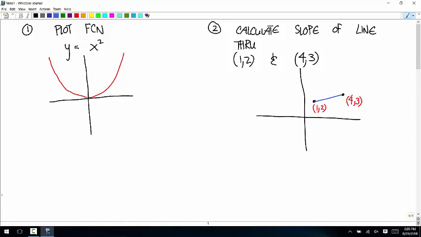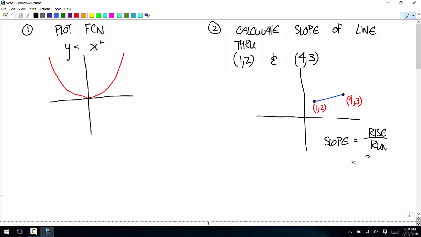So what's the slope of that line? Well, the slope is equal to the rise over the run. The rise is the change in height as you go from one of those points to the other one. So how much higher are you at the point (4, 3) than at the point (1, 2)? You're 1 higher.